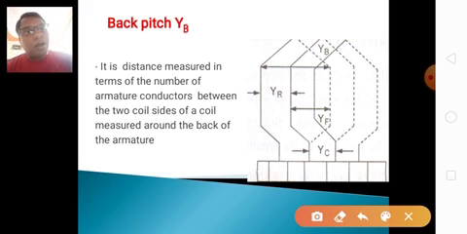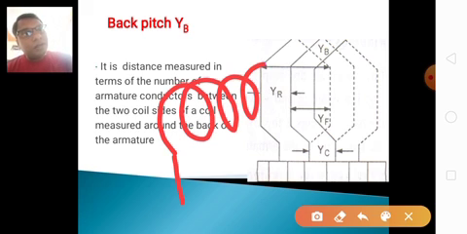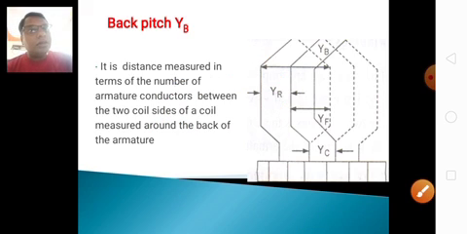Suppose the coil is starting from this side, and normally we write it like this: one side, this side and this side. What does the definition say? It is the distance measured in terms of the number of armature conductors between the two coil sides of a coil.